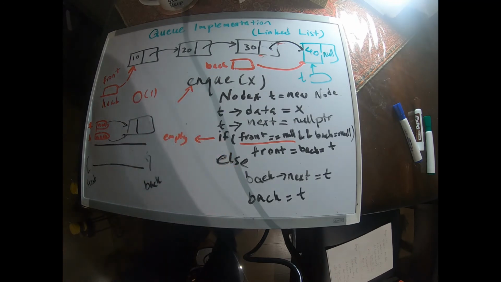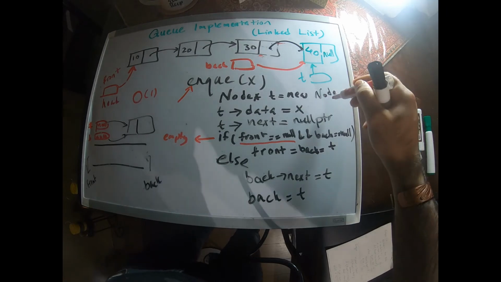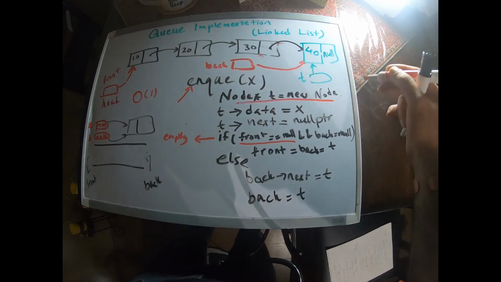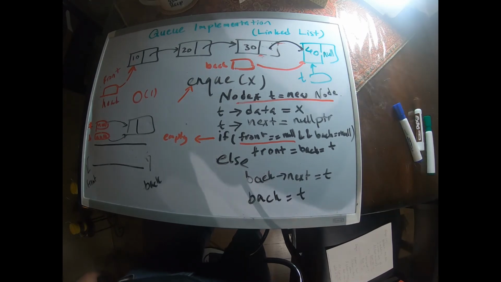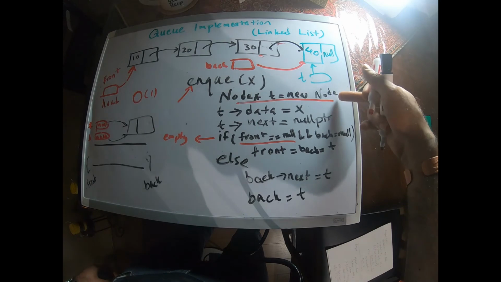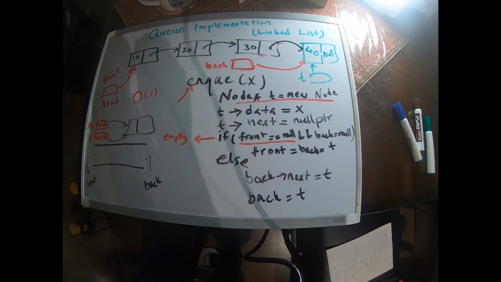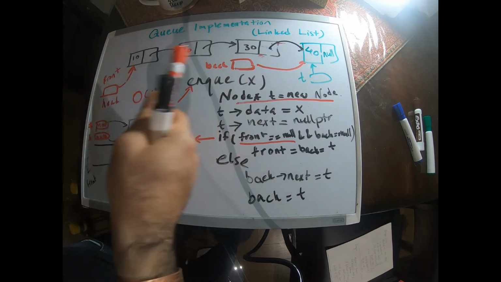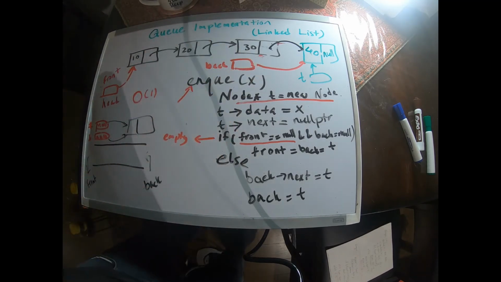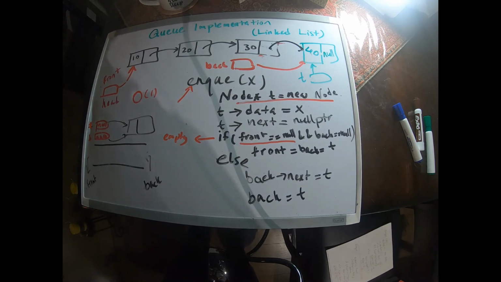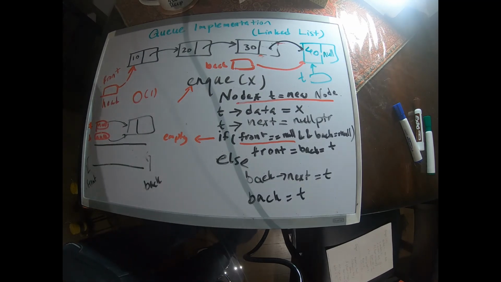The only part that might cause us an exception is this part. If the heap is full, if we don't have enough memory, then this is going to throw an exception for bad allocation. But our queue is never going to be full because we just allocate as we need. Okay, so this was about the enqueue part.